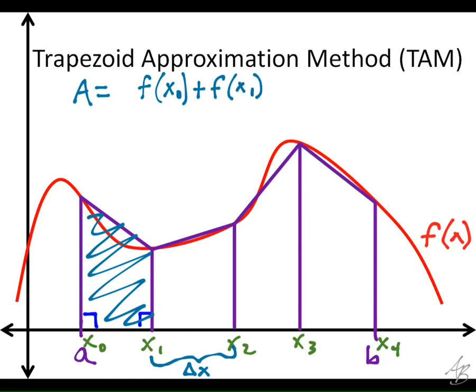And then what do we have to do to find the area? Add those together and divide by 2. That's the average of the bases. And then we multiply that by the delta x, the height of that trapezoid, which is the way we would look at it as width. That's the area of just the first subinterval.